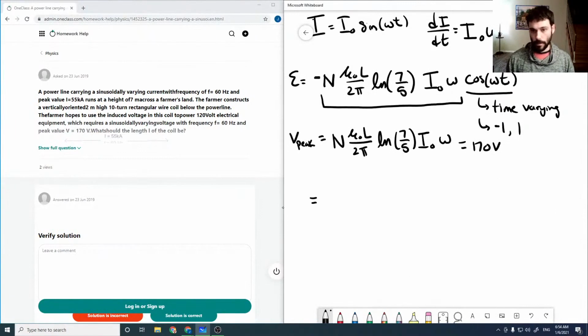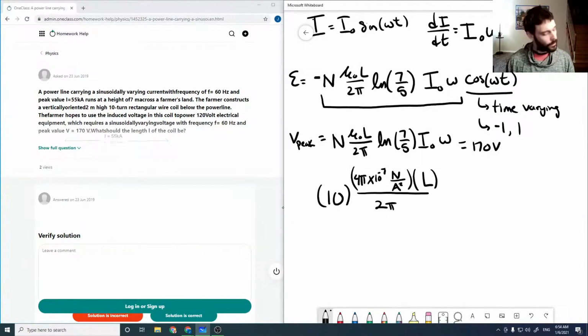So it's 10 turns of coil. I'm going to get rid of this equal. So there's 10 turns of coil, so n is equal to 10. Mu naught is a constant, so it's just 4 pi times 10 to the -7. And I better not drop units: 4 pi times 10 to the -7 newtons per amp squared. L is our length, which we are solving for, so I'll just leave it.